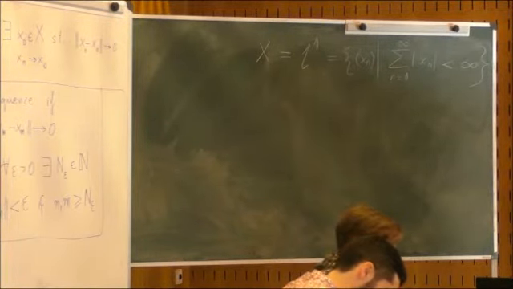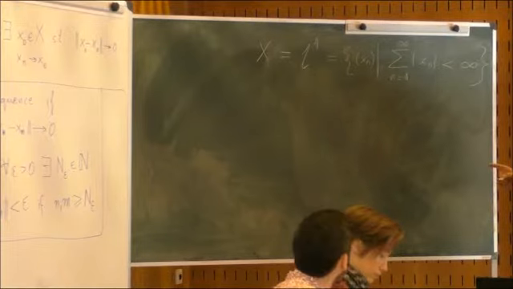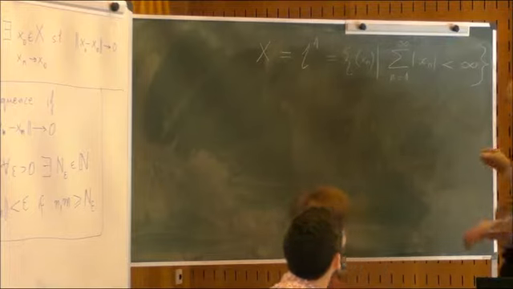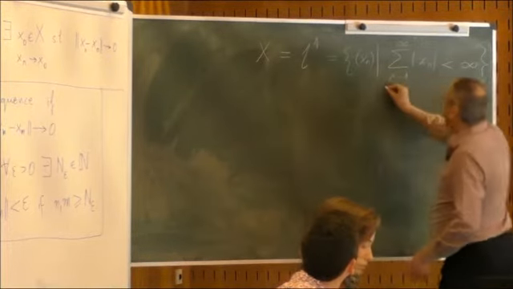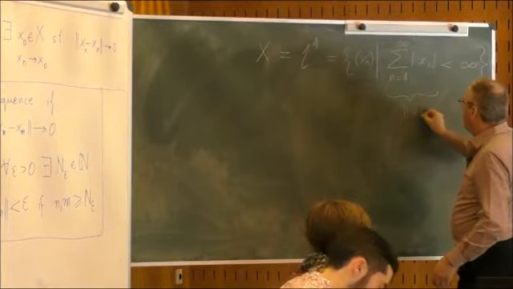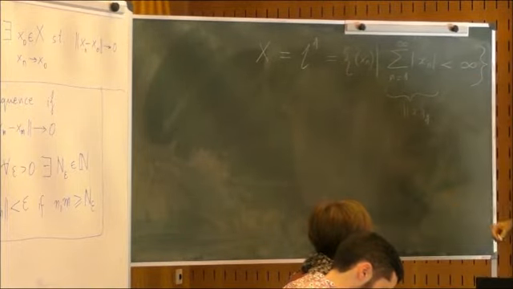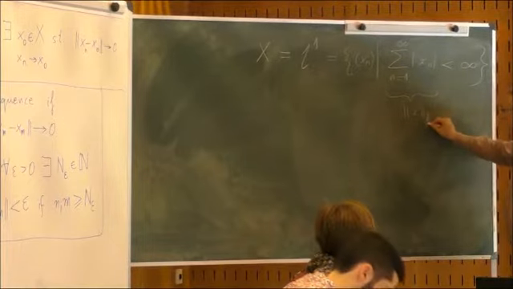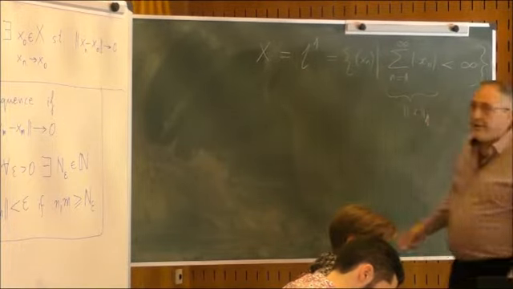Now, on this space there is a natural norm. I tell you what it is, but we will not use it. It is exactly this: the one norm of x, the sum of the absolute values. With this one norm, this space is a Banach space, as I told you earlier.